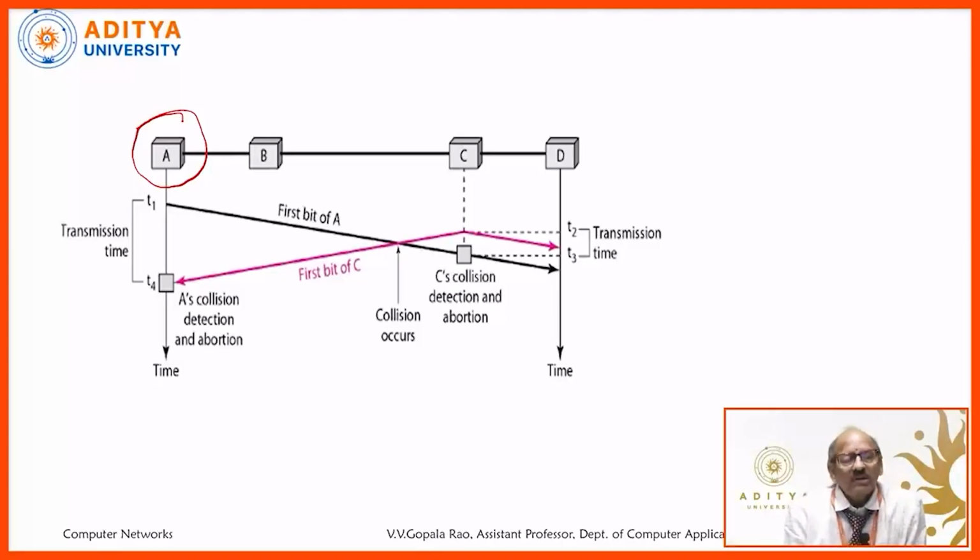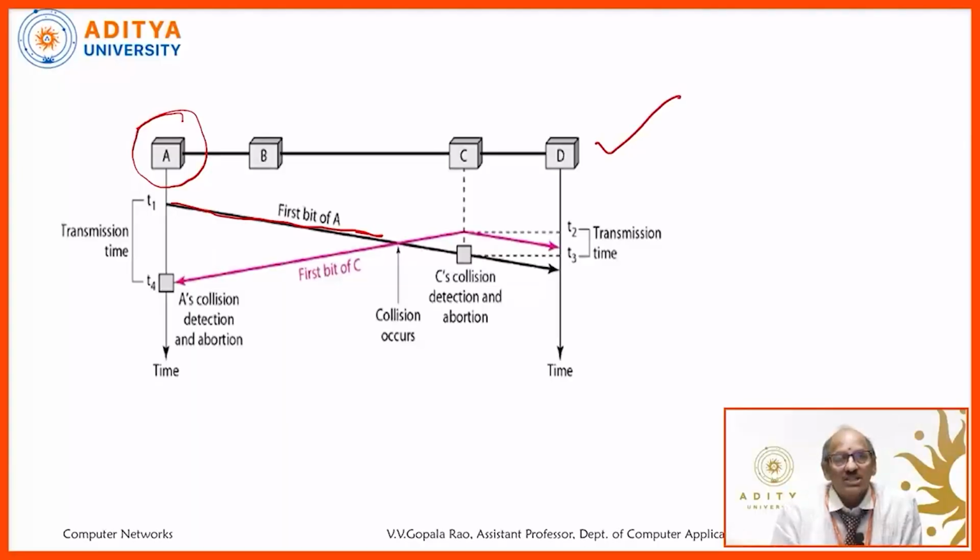When A senses the channel, it notices that the channel is idle. It is under the impression that because it is idle, it can transmit the data. But once it releases the data, the first bit travels from its side A to some destination called D.